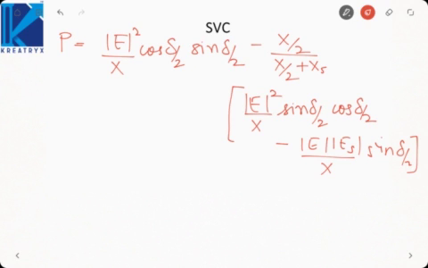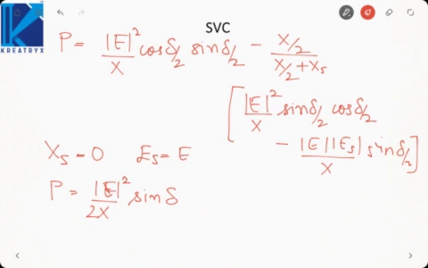Now let us make some assumption to compare it with the power without connection of SVC. Let us make an assumption that XS is 0 and ES is equal to E. That is, the midpoint voltage is same as the sending as well as the receiving end voltage. So power will be mod e square by x, 2x sine delta, because sine delta by 2 cos delta by 2 can be written as sine delta upon 2.